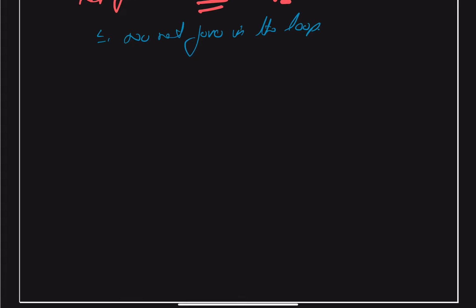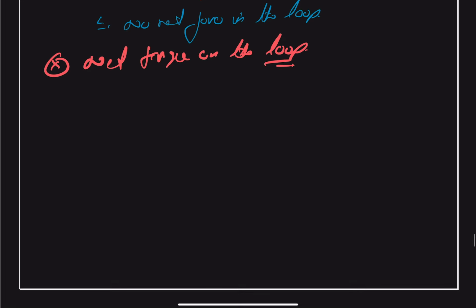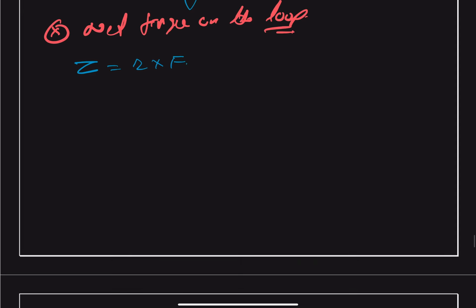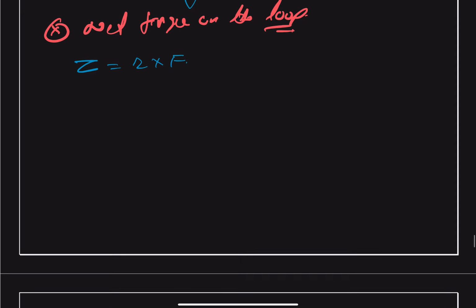So from here, the net torque on the loop will be equal to r cross F, and we can say that FAD is equal to minus FCB.